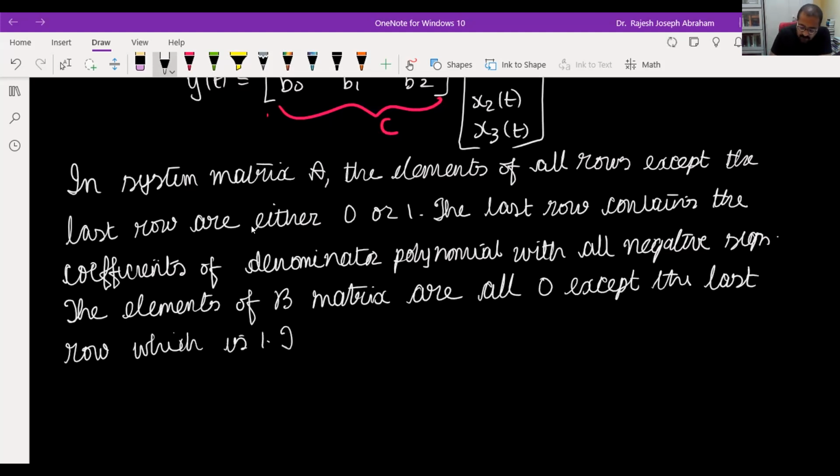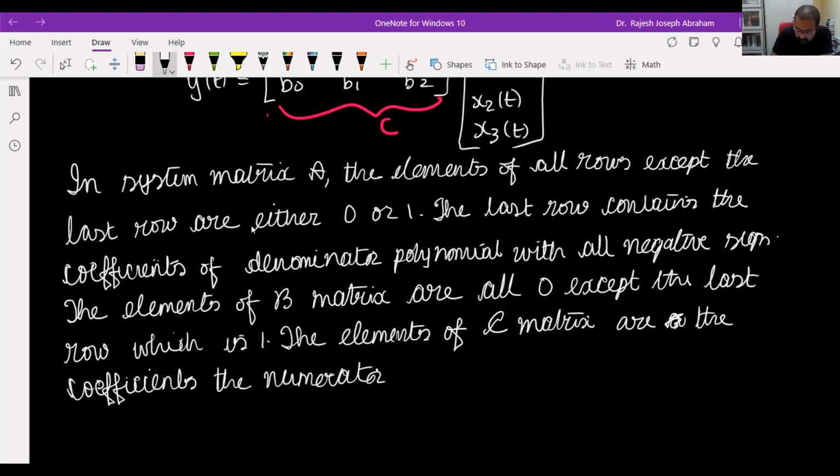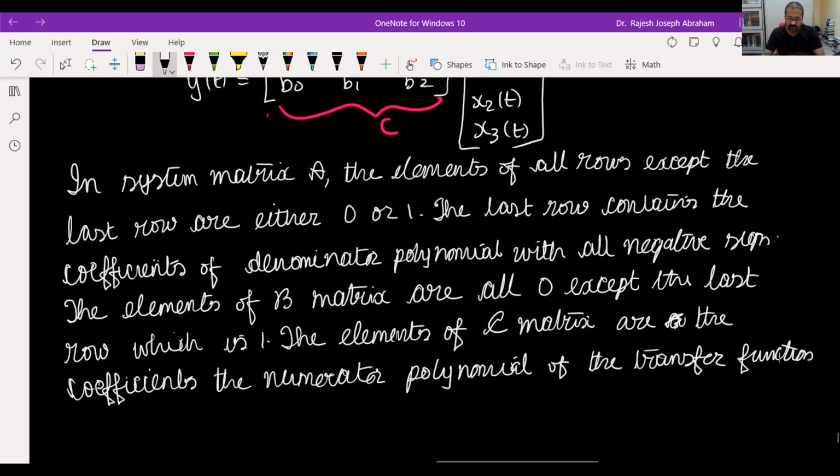Then the elements of the C matrix are the coefficients of the numerator polynomial of the transfer function. Okay.